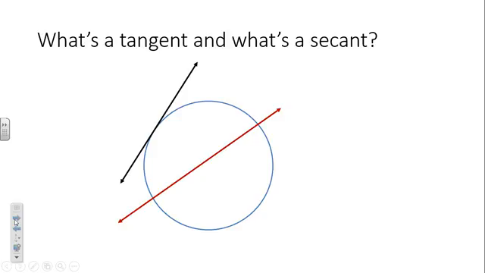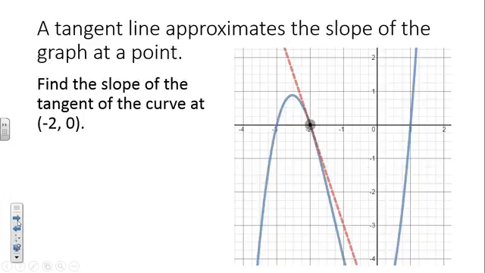Or the height that the rocket achieves. And we can find out what its slope is, what its velocity is at any given time. Okay, so that's where the foundations of calculus comes from. A lot of applicable physics-based approaches to things. Okay, and this is just the foundation for that. So a tangent line approximates the slope of a graph at any given point.